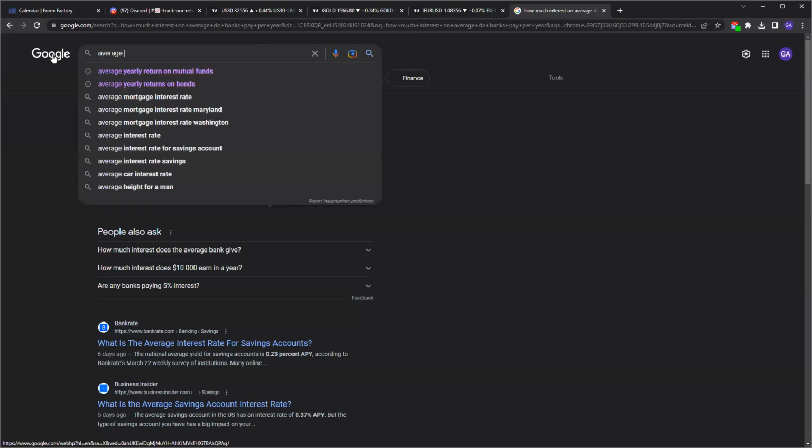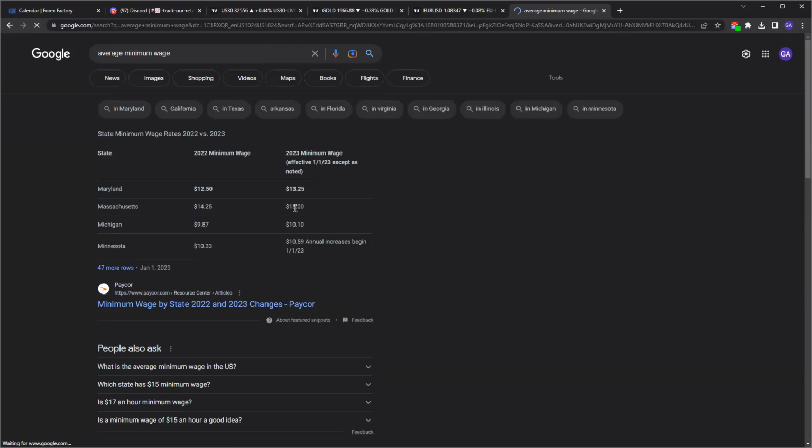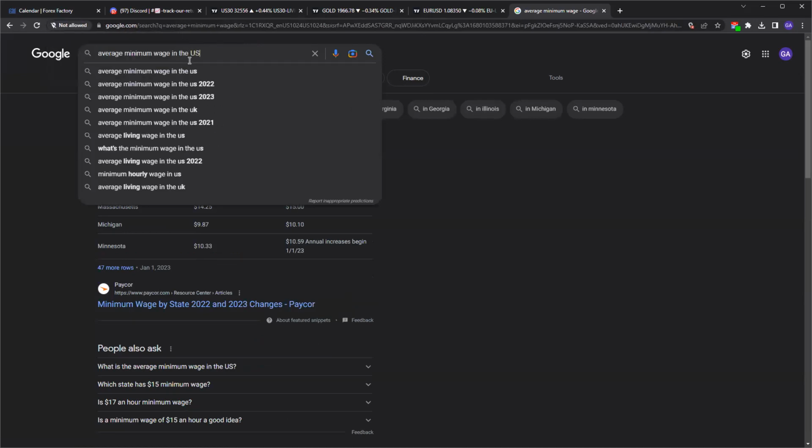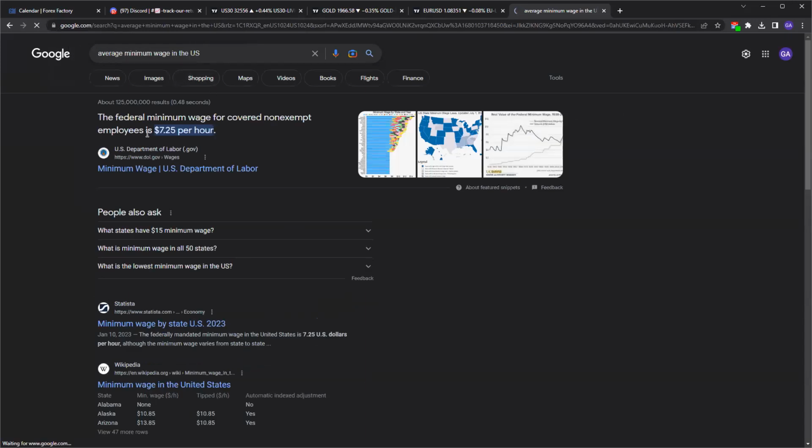What is it called, when people, minimum wage, right? Here's another way to think about it. Average minimum wage in the US. Okay, 7.25. Let's even give this $10 an hour, right?